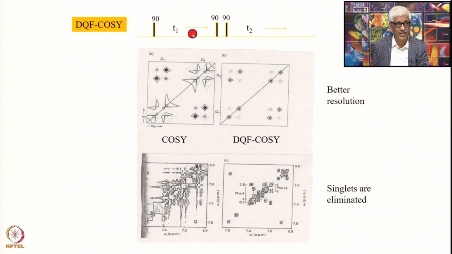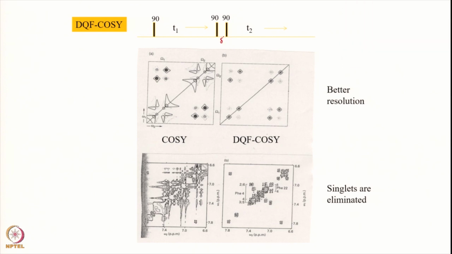So you have the 90, t1, 90, and of course here you can use the 90 degree pulse. Up till here it is the same as the COSY, but we have introduced a small time delay here. It is a very small time delay, let us call it delta, extremely small, of the order of a few hundred microseconds.